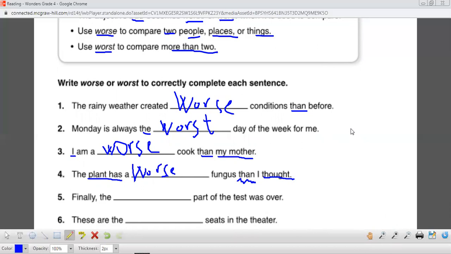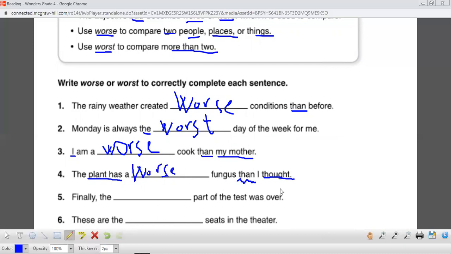Better is for comparing two things, and best for comparing more than two. Also for bad, worse is for comparing two things or people or places or groups, and worst for comparing more than two.